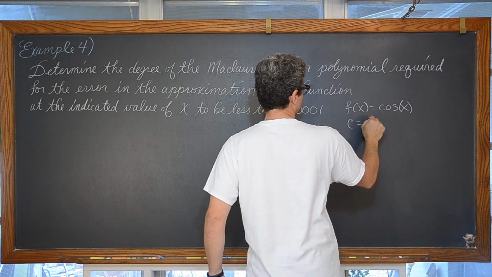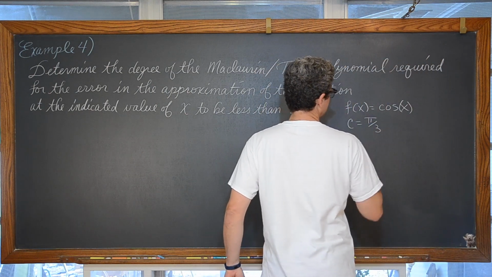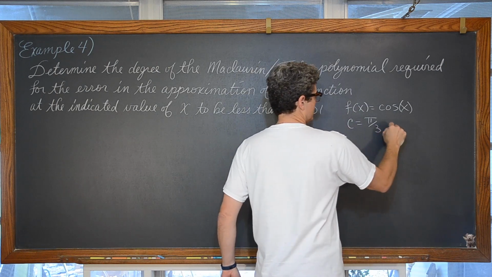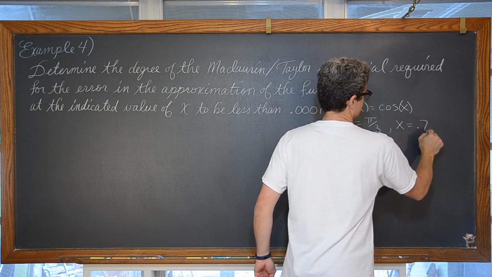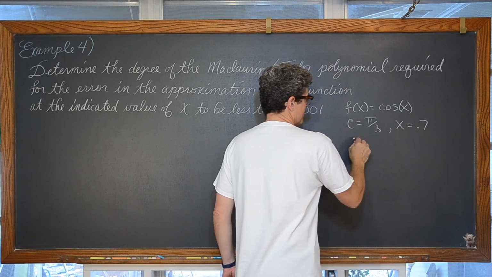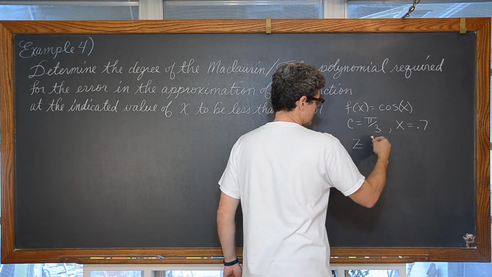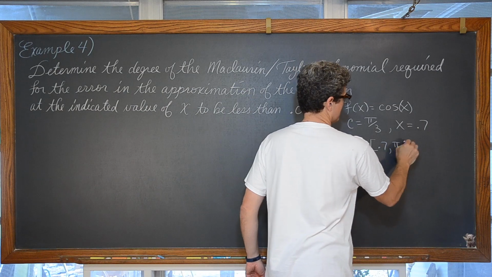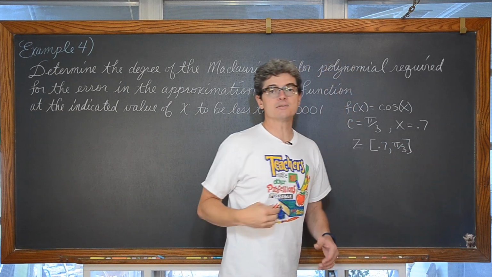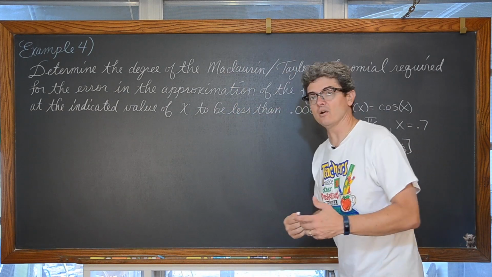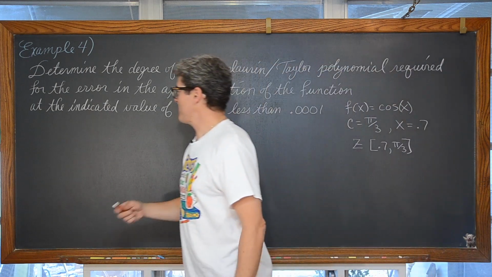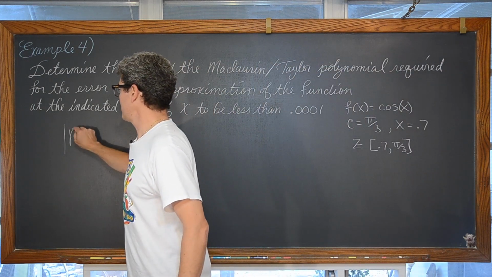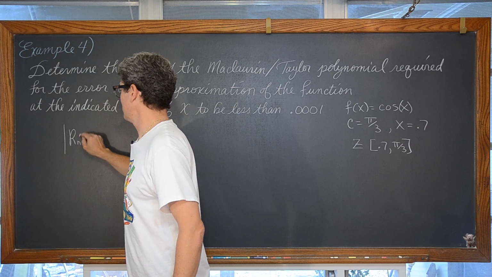Our c was pi over 3, and our x is 0.7, and that z is the value on the closed interval from 0.7 to pi over 3 that maximizes that error.